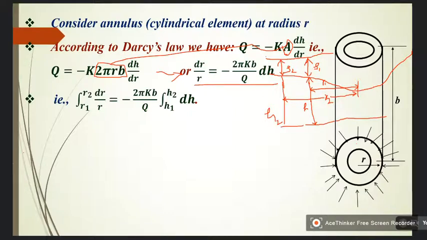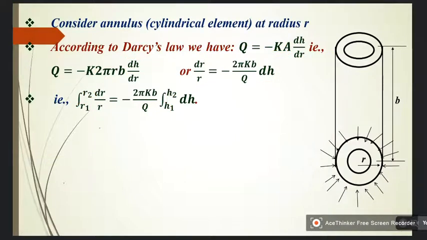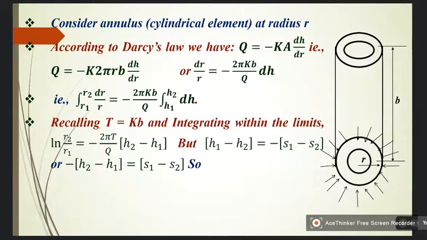So the limits are R1 to R2 here, and correspondingly H1 to H2. If I carry out the integration, what I will get is this. Now I can replace the product of K and B by this.